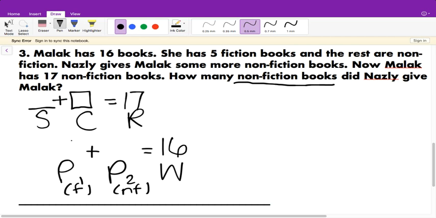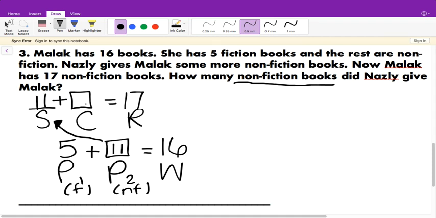So she has 5 fiction books, and then we're looking for how many nonfiction books she had at the start. So again, I can do 16 and then take 5 away to find this missing addend. And 6 minus 5 is 1. So I know that 16 minus 5 is 11. Good.